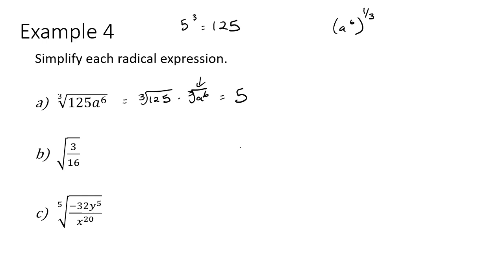And so because this is, again, a power of a power, we multiply those together. 6 times 1/3 would be the same as 6 divided by 3. So in other words, you take the exponent inside of the root and you divide it by the index of the root, which is 3 in this case. And so that reduces perfectly to 2. And so in this case, we would get a squared left over.